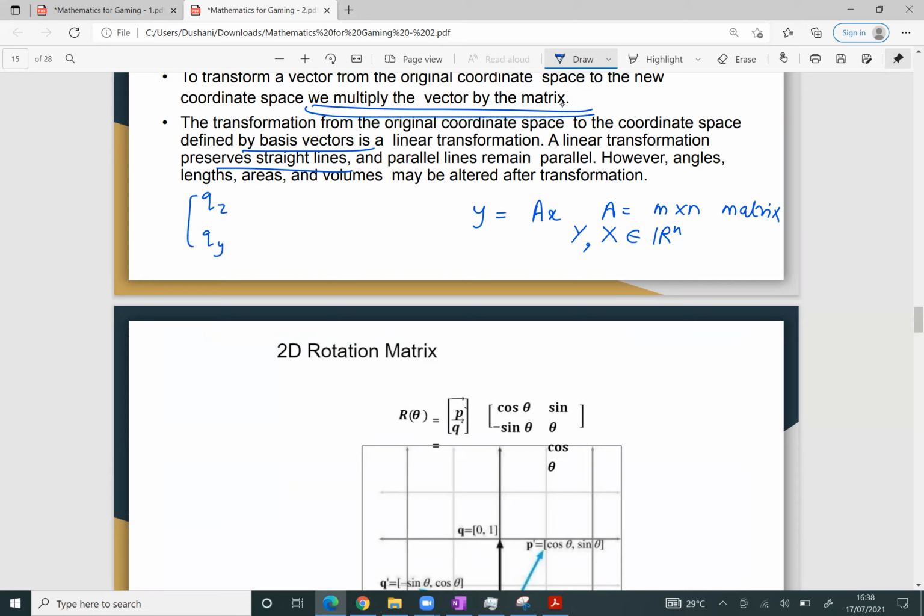If you get this, so this is the answer that you will get in 2D space.